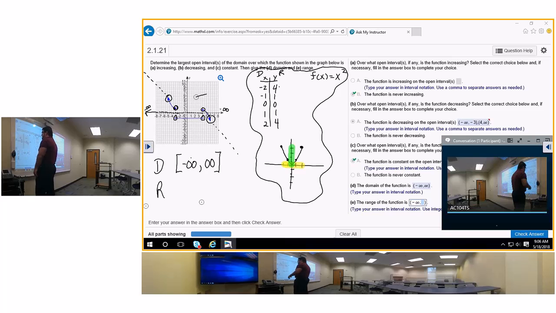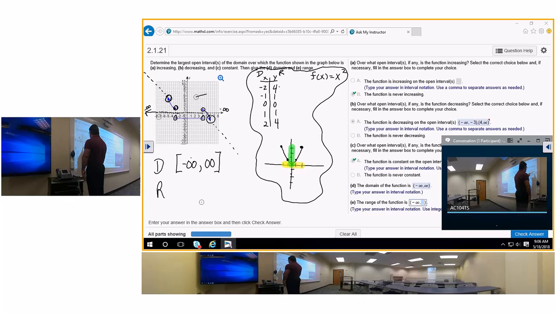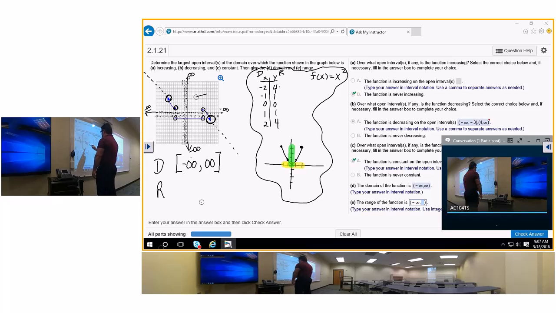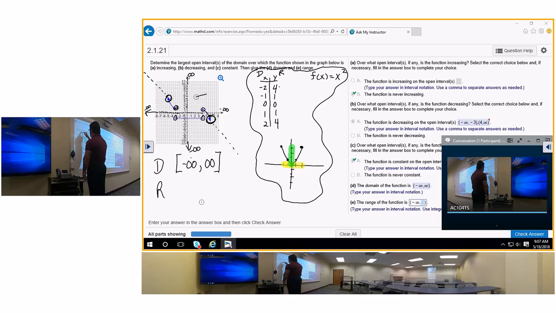Well, again, these arrowheads say that from here up, all of these numbers are being used, and that's the positive infinity arrowhead on the y-axis, and this one down here is the negative infinity arrowhead, and that one goes with that. So we know that from this point, this way is being used.